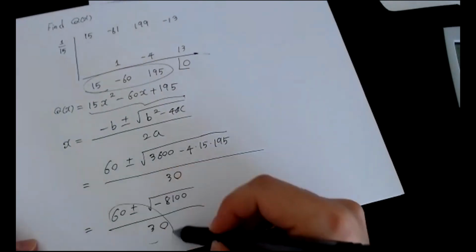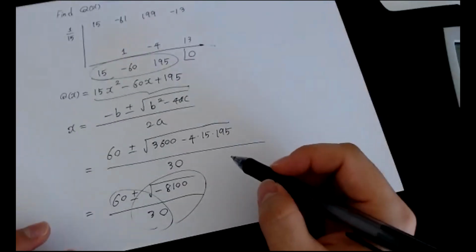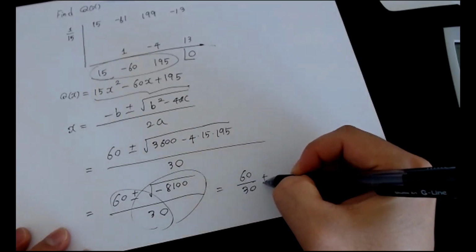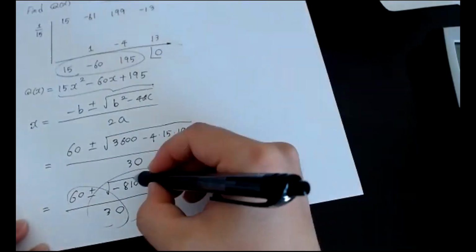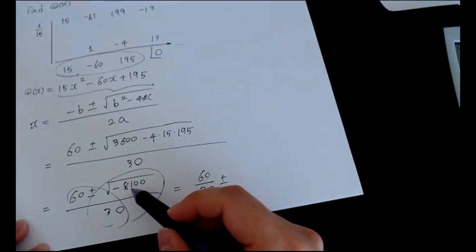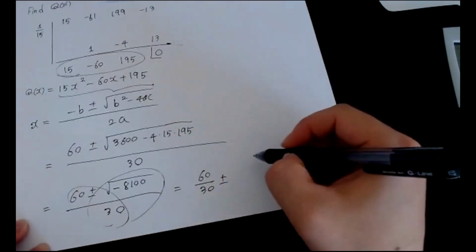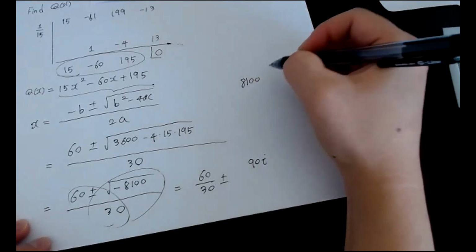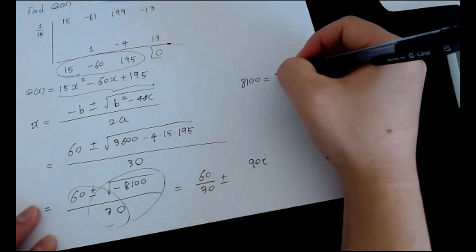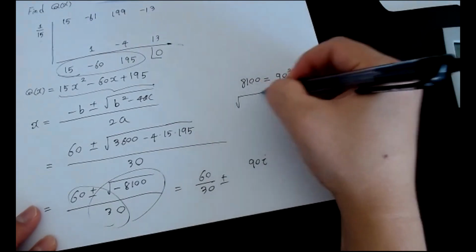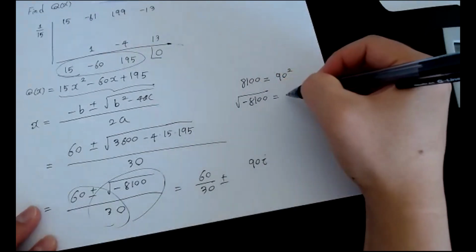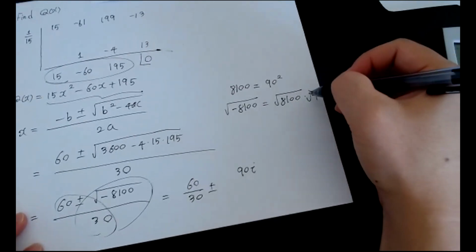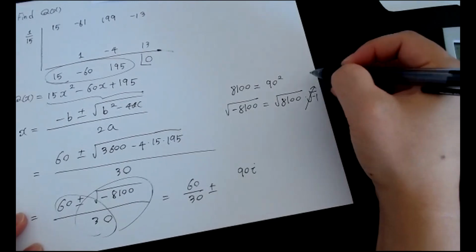Let me divide into two fractions. This is just 60 over 30 plus or minus the square root of negative 8,100 over 30. 8,100 is 90 squared, so we get 90i. The square root of negative 8,100 is the square root of 8,100 times the square root of negative 1, and the square root of negative 1 is the complex unit i.